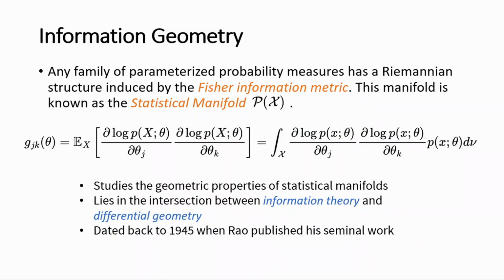And there's also a known result that if we define a manifold with the Fisher information matrix, where each point in the manifold is a probability distribution, like a categorical distribution, then we can show that such a manifold is a Riemannian manifold, and the metric of that Riemannian manifold is the Fisher information metric, defined here.